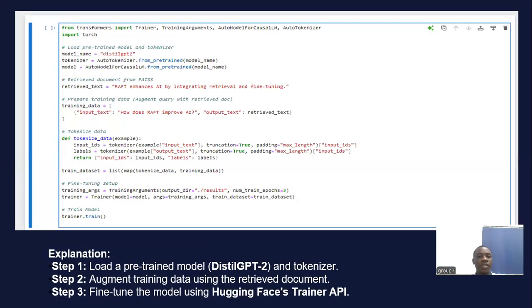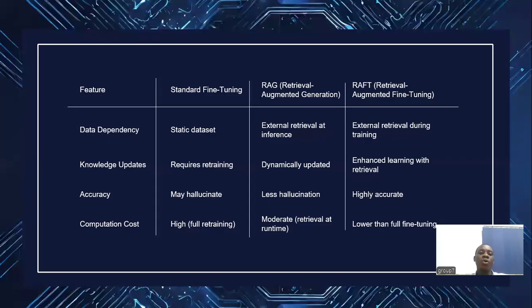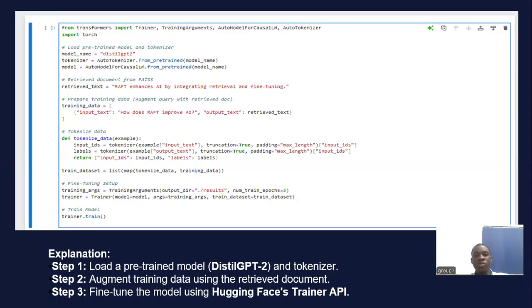So this code snippet is for fine-tuning the model. For fine-tuning the model, we'll need libraries like the Trainer, TrainingArguments, AutoModelForCausalLM, and then AutoTokenizer, and then libraries like torch.